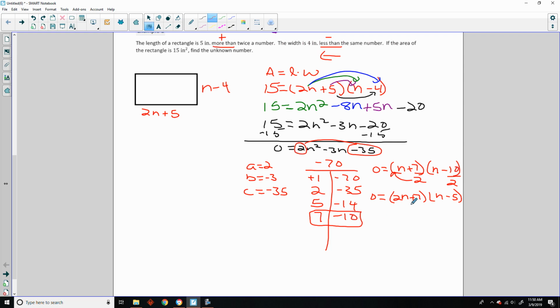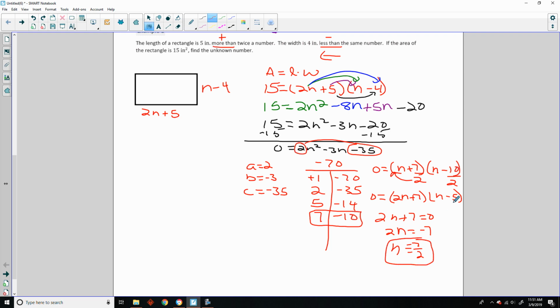Okay, so remember the zero product property from lesson 4. So therefore, to make this equal to 0, we would say 2n plus 7 equals 0, 2n equals negative 7, n equals negative 7 halves. There's one answer.